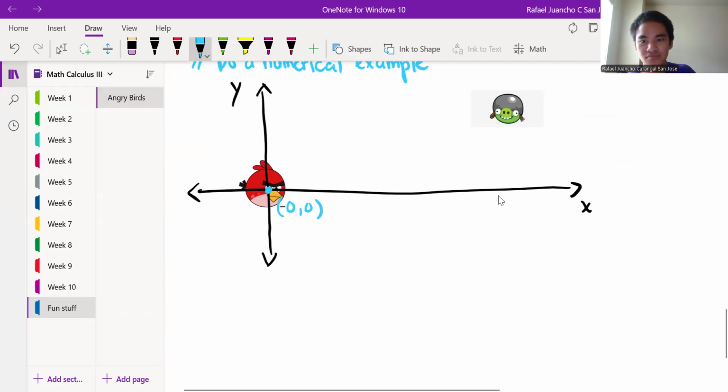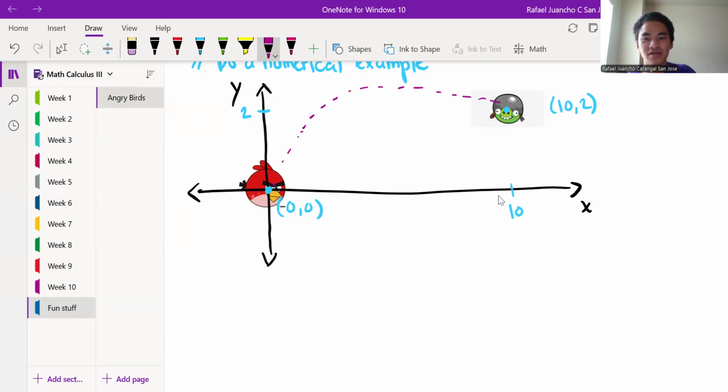And our pig here is at the point 10, 2. So this is 10, this is 2. So this is at 10, 2. Now, of course, we want our trajectory curve to go like that maybe.